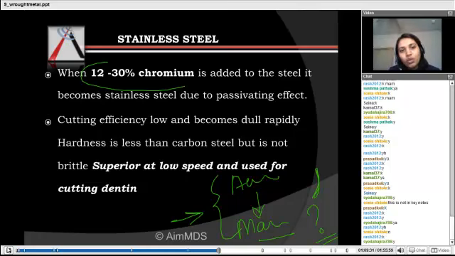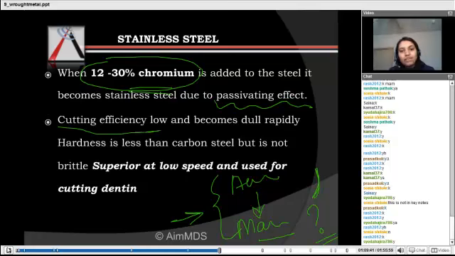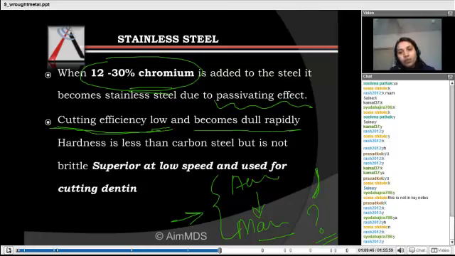When we add 12 to 30% of chromium, it becomes stainless because of the passivating effect of chromium we already saw. But the problem is cutting efficiency is low and it becomes dull very rapidly. So as compared to carbide, the cutting efficiency of stainless steel is less, and they are superior at low speed and used to cut dentine.